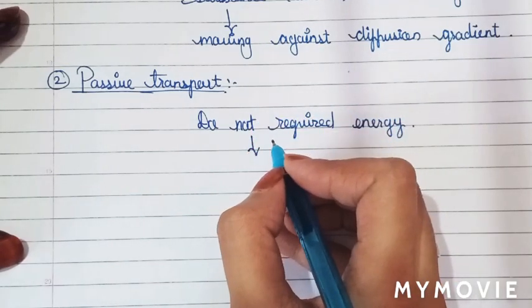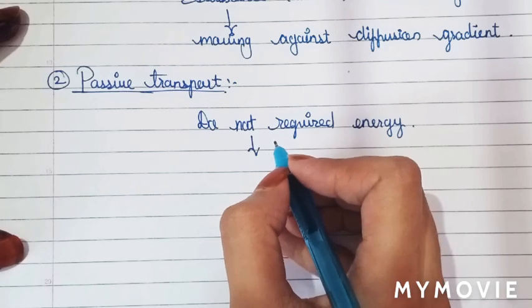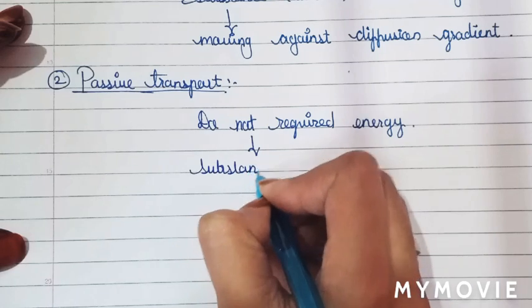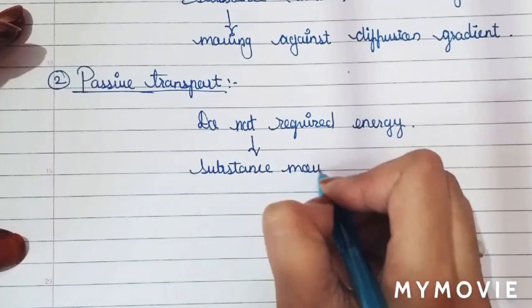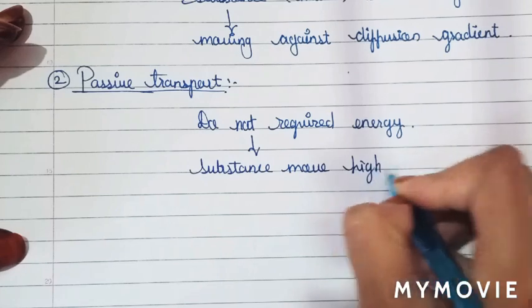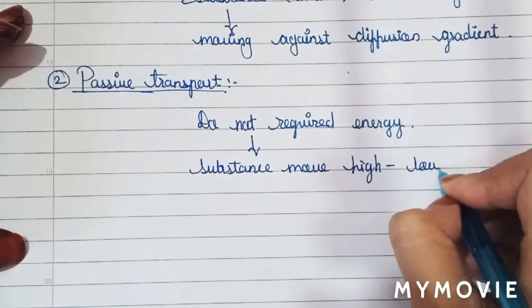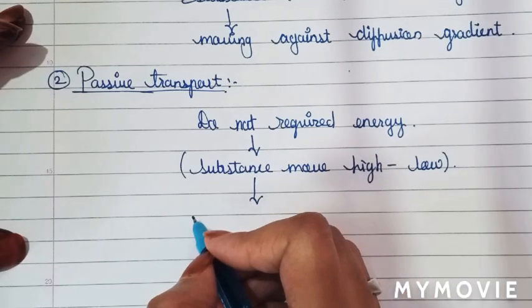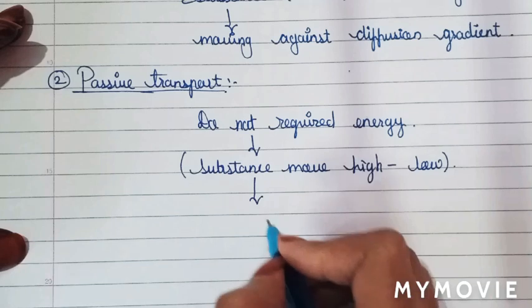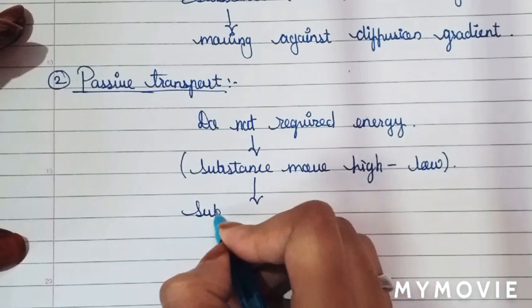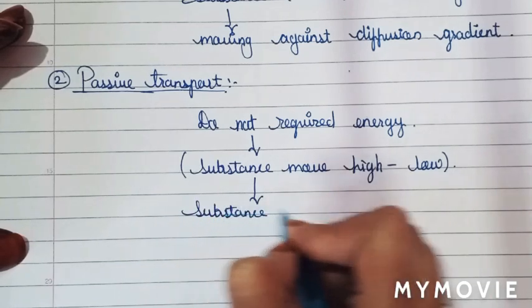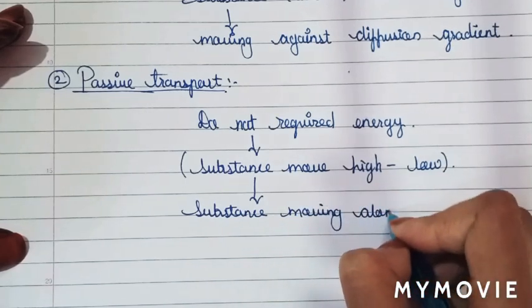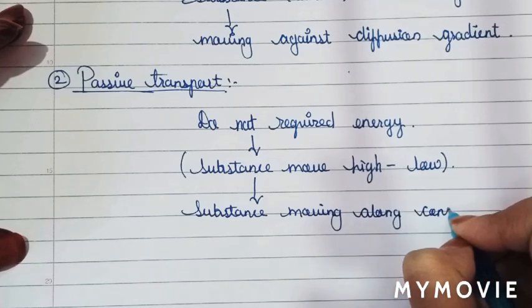The substance moves from high concentration to low concentration, okay? Here the substances are moving along the concentration gradient.